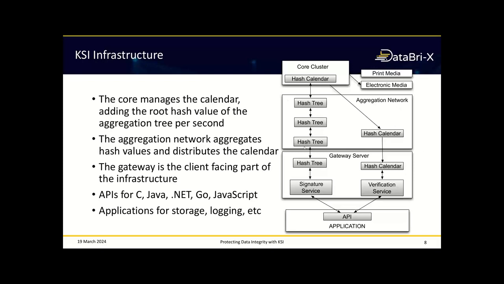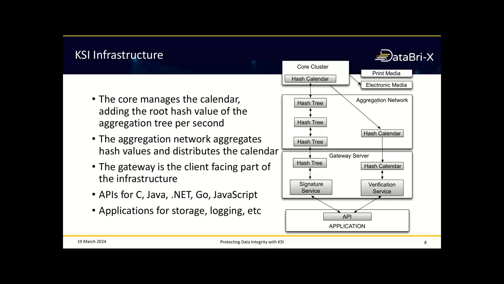And then here is the aggregation network. We already mentioned that one function of the aggregation network is to collect the inputs from clients, and then collectively across the network distribute the load of building the new hash tree of all client requests every second, and submitting the root of the tree for inclusion in the calendar.